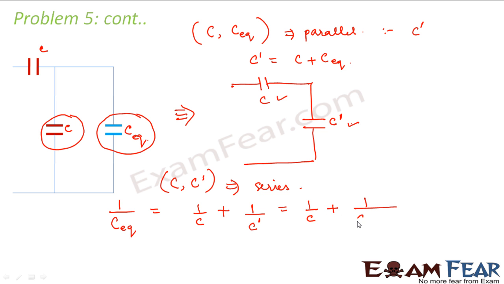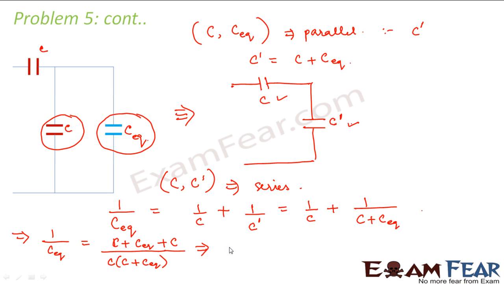C dash is nothing but C plus C equivalent. So we solve this equation now. That is 1 by C equivalent is equal to (C plus C equivalent plus C) divided by C into (C plus C equivalent). That is C into (C plus C equivalent) is equal to C equivalent into (2C plus C equivalent).